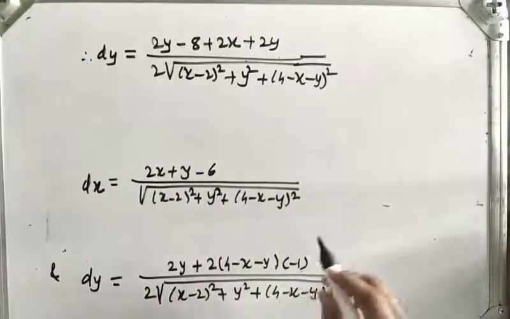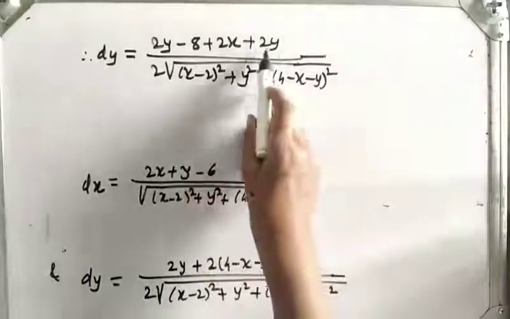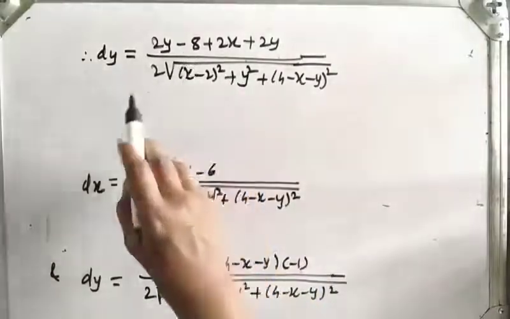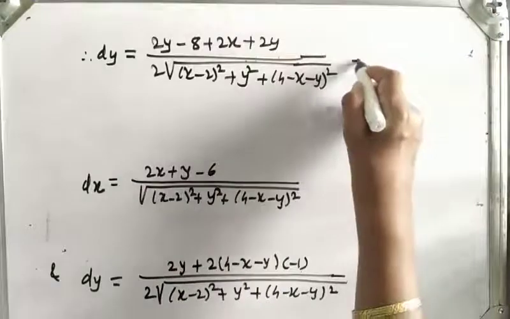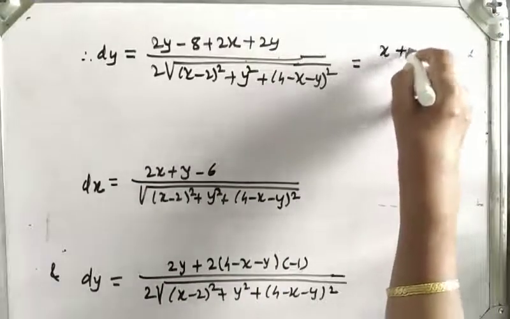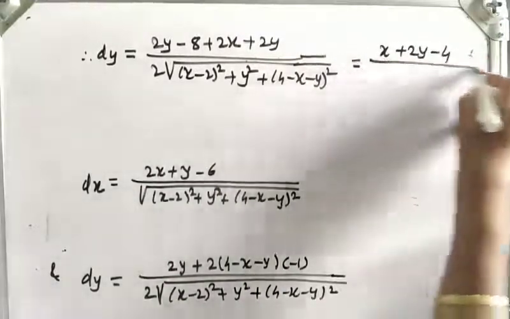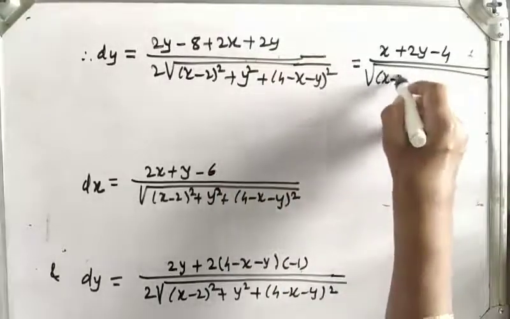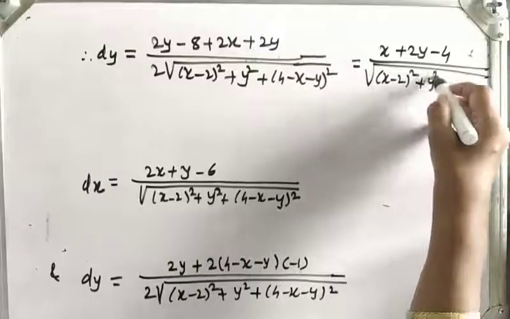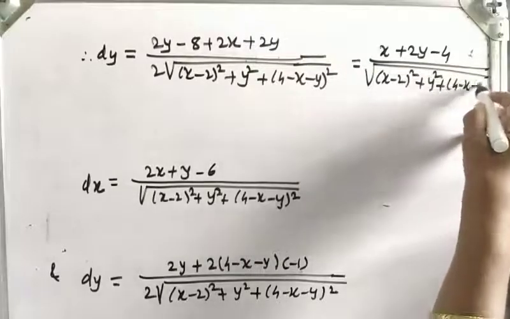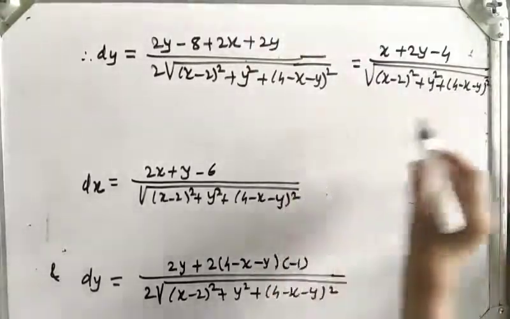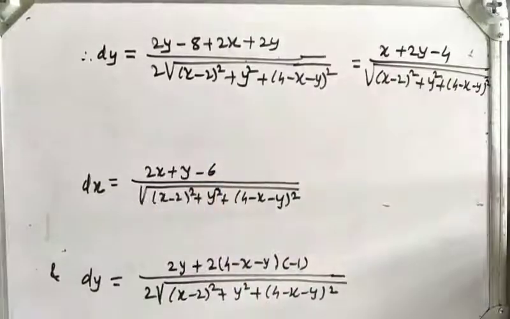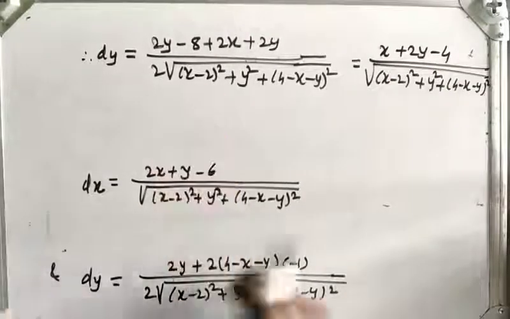So that will be 2x plus 4y minus 8, and after dividing by 2, that will be x plus 2y minus 4 upon square root of this quantity, that is (x minus 2) bracket square plus y square plus (4 minus x minus y) bracket square. Okay, this is dy. This is our dx, this is dy.